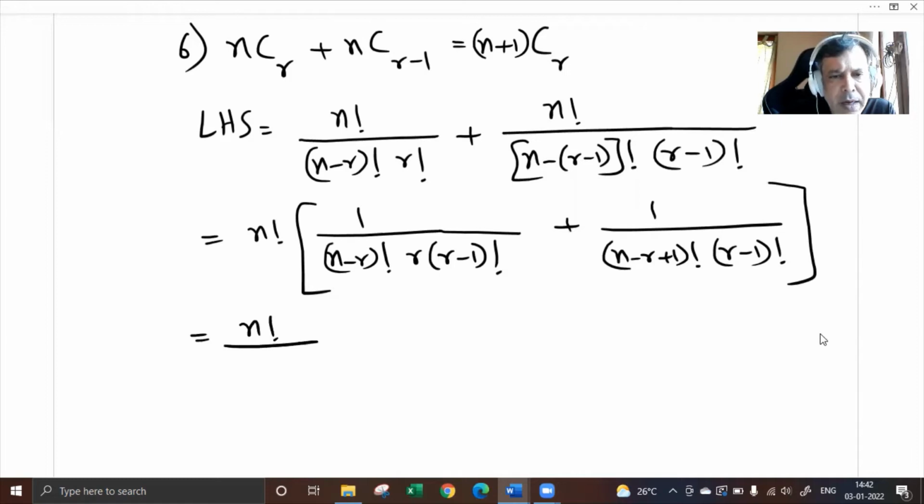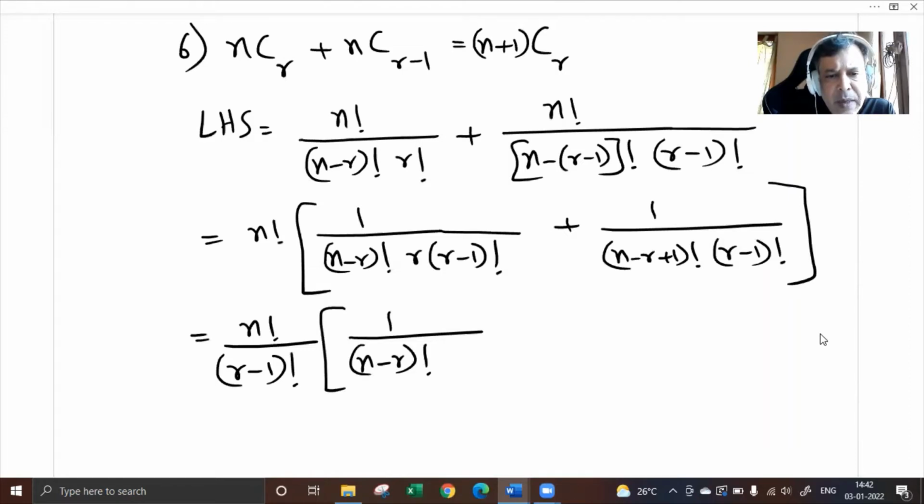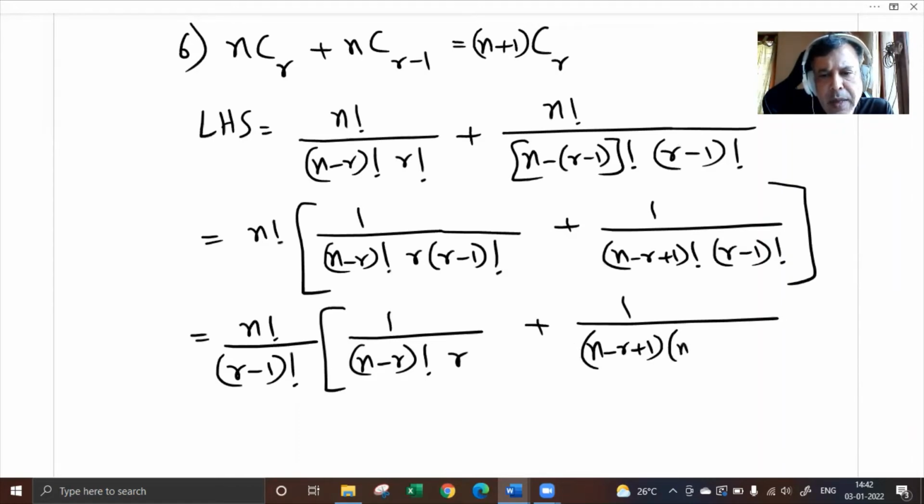So n factorial divided by (r minus 1) factorial, and then inside the brackets we have 1 by (n minus r) factorial into r, plus 1 divided by this (n minus r plus 1) factorial, which can be written as (n minus r plus 1) into (n minus r) factorial.